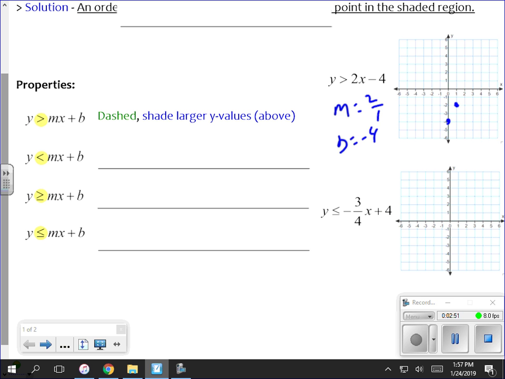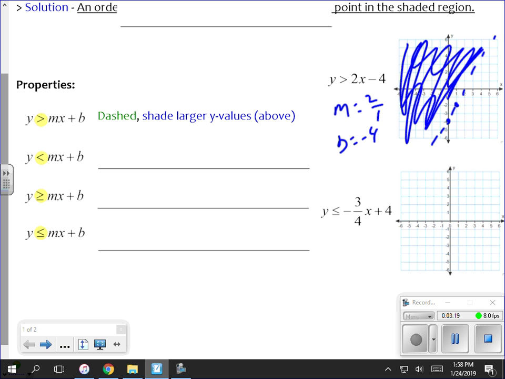Because it's greater than, not or equal to, y is not those values. Y is greater than those. I have a dashed line. That's my equation. It's not a solid line, it's a dashed line because it's greater than. It's not or equal to. And I shade everywhere above. That's how you graph an inequality.